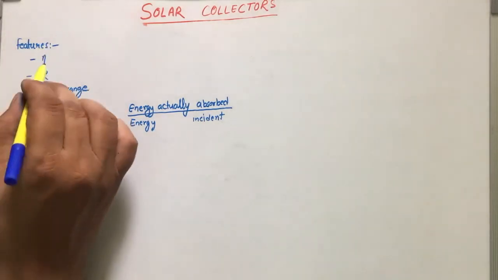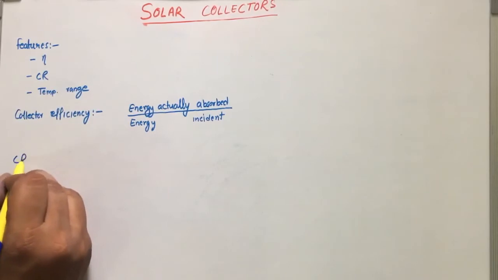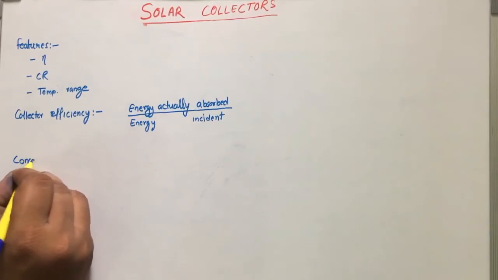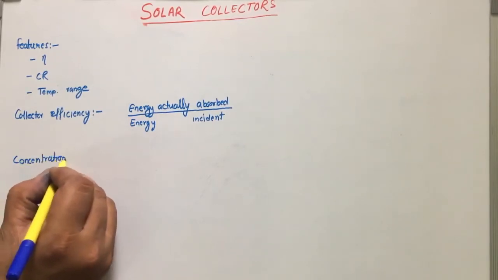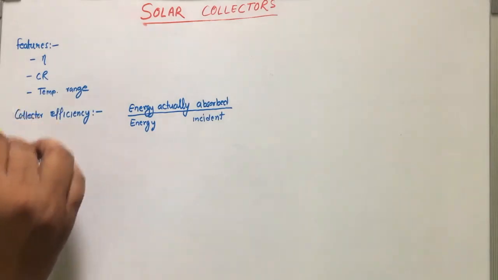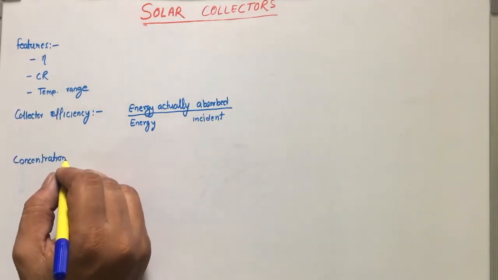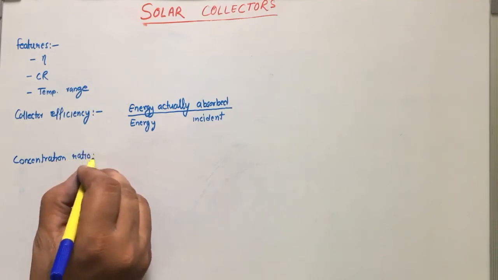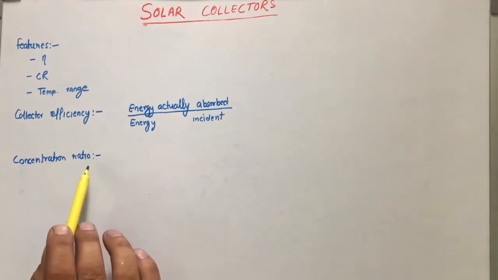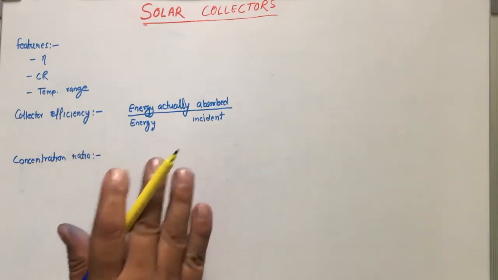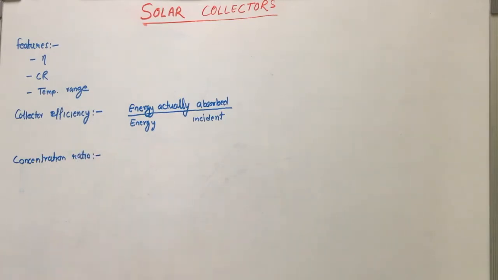Now after collector efficiency, let us discuss concentration ratio. These are important features that we should know, then we can design the collectors and everything. So it is important to discuss them now, though they are very simple. Concentration ratio can be defined as the area of the aperture of the system to the area of the receiver.